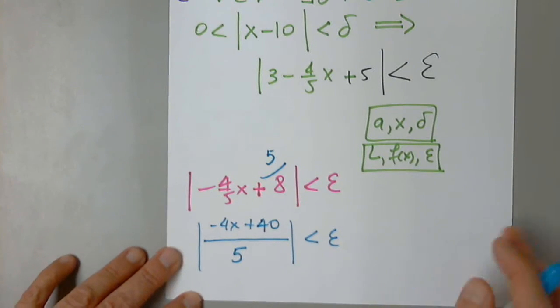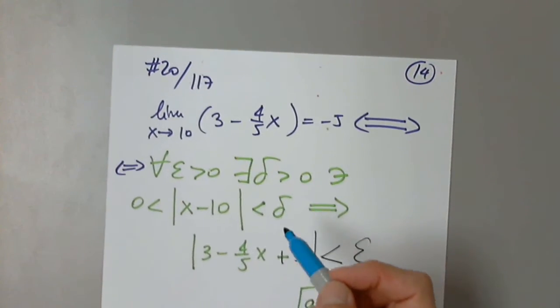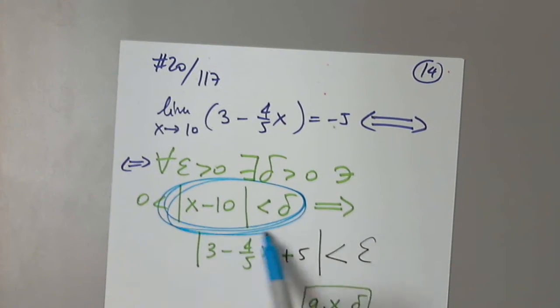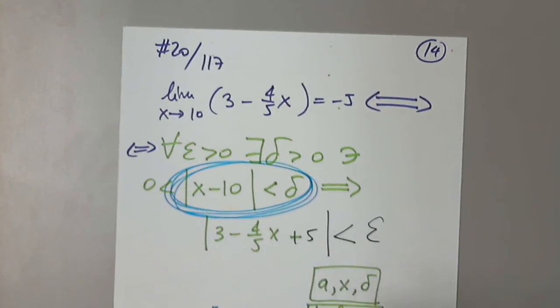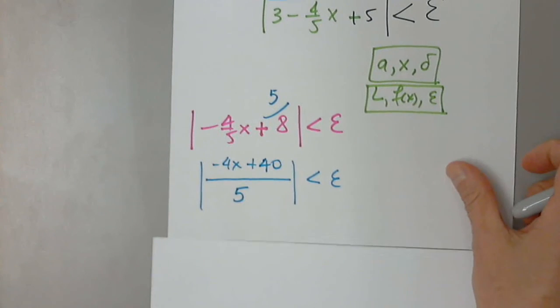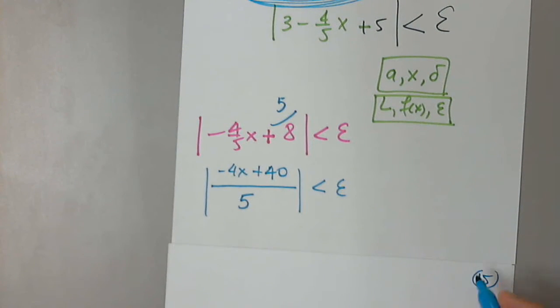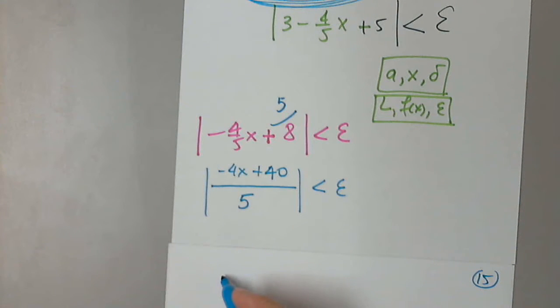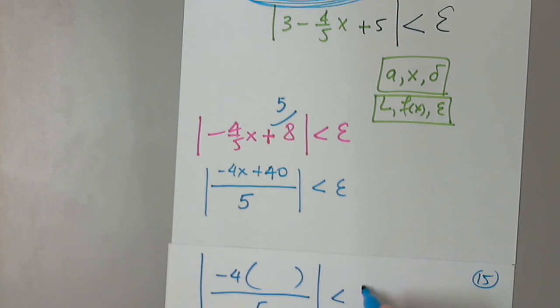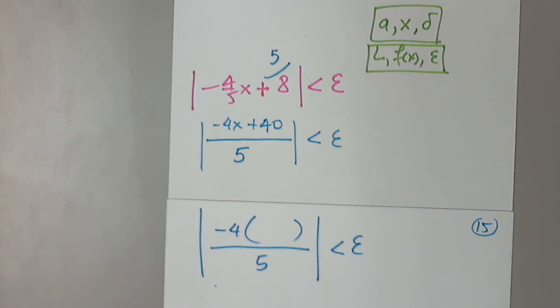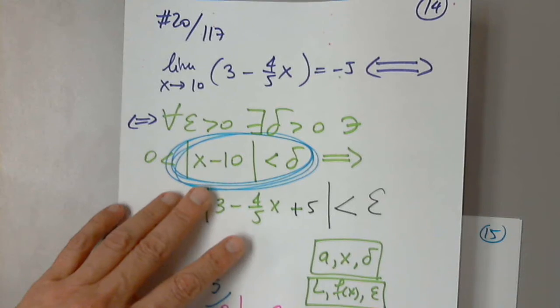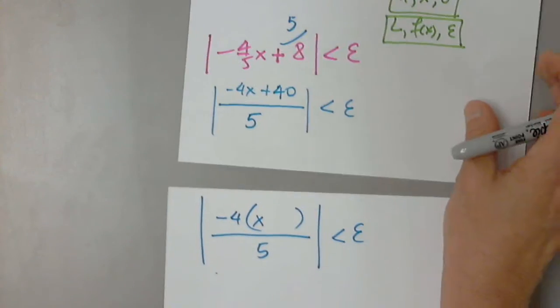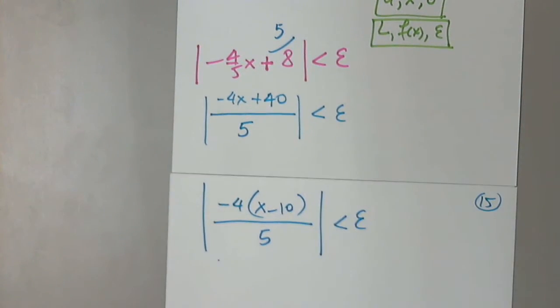Very good. Next step, you know what we're after, right? This is what I'm after, but I haven't gotten there yet. Next step, please. What will you say? Factor out negative 4. Careful. Look at what we're after, right? Keep this in mind. x minus 10. x minus 10, of course.